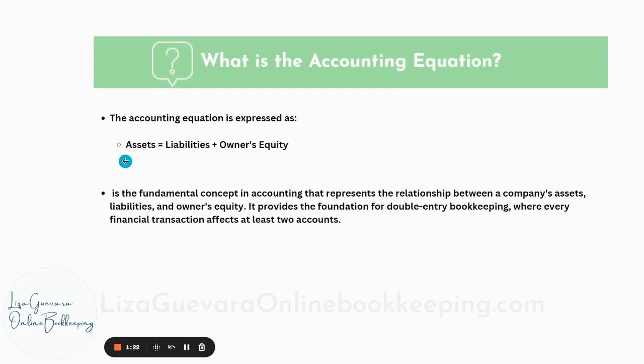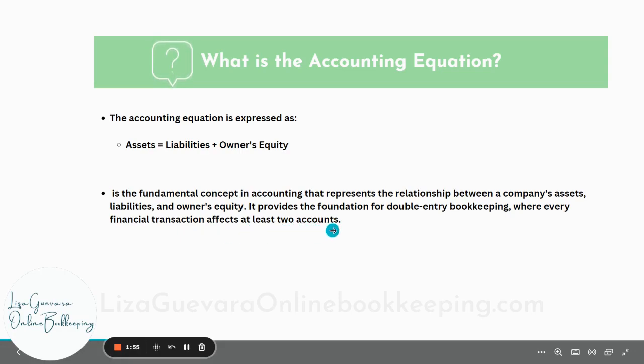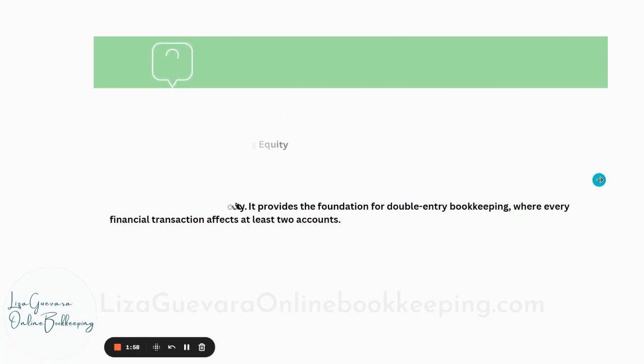This is the fundamental concept in accounting that represents the relationship between the company's assets, liabilities, and owner's equity or the capital. It also provides the foundation for the double entry bookkeeping. The double entry bookkeeping says that every transaction affects at least two accounts.